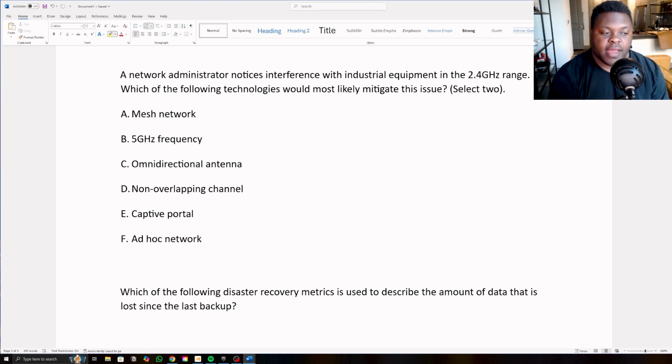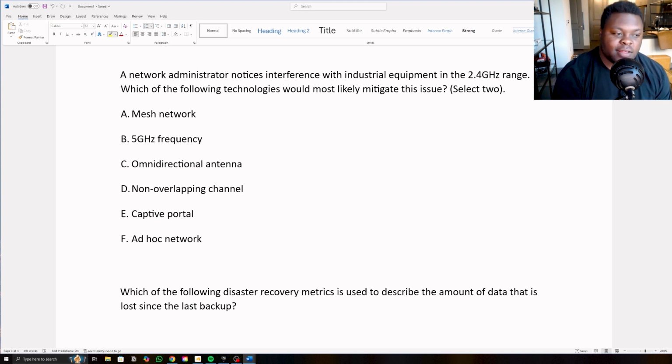Answer choice E is a captive portal. A captive portal is pretty much that whenever you go to a hotel and you try to connect to the internet and that website pops up, you have to log in to add some credentials in order to gain access to the network. Doesn't really mitigate our issue. And answer choice F is an ad hoc network.